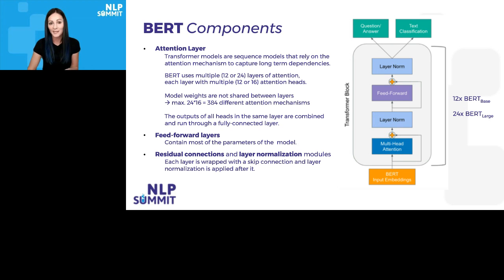And next to this attention, it also has a feed-forward layer, which is a fully connected layer, which contains most of the parameters, and residual connections and layer normalization. And then, after stacking those transformer blocks and running through, you would then adapt it to the actual downstream task, whether question answering, text classification, etc.